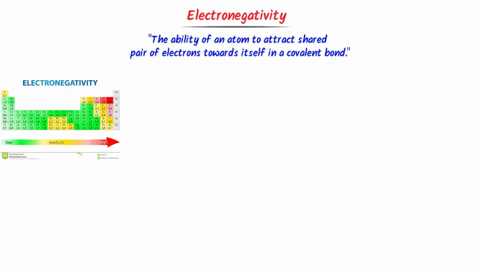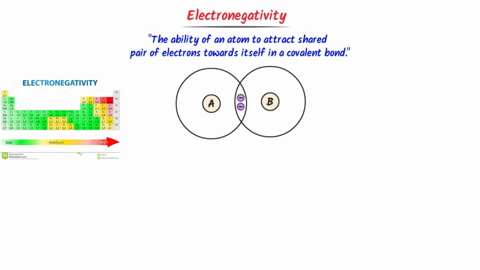By electronegativity, I mean the ability of an atom to pull shared electrons in a covalent bond. For example, consider these two atoms A and B. Let them both mutually share one pair of electrons to form a covalent bond.